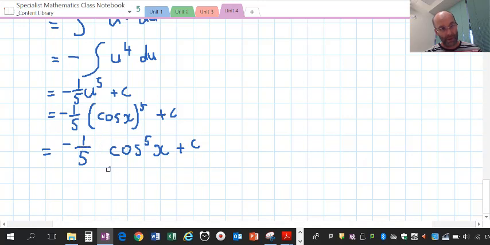Okay, so we have negative 1/5 cos to the 5th x plus c as our answer there, or you could say cos to the 5th x over 5, or negative cos x to the 5th over 5 plus c.